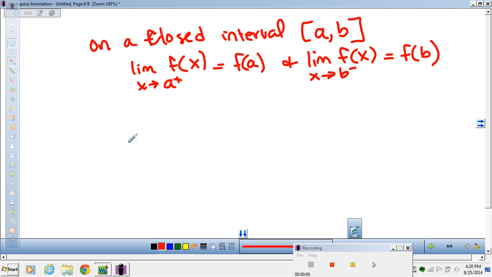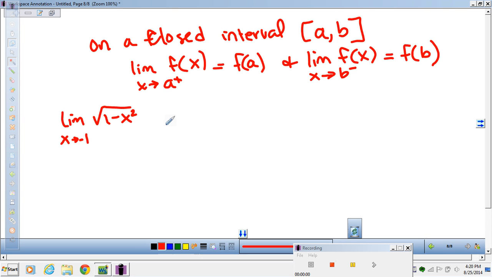So if I were to have something like the square root of 1 minus x squared, as x approaches negative 1, I'm going to prove that it is continuous using left-hand limits and right-hand limits.